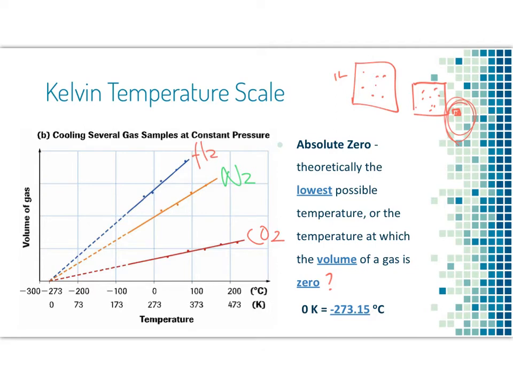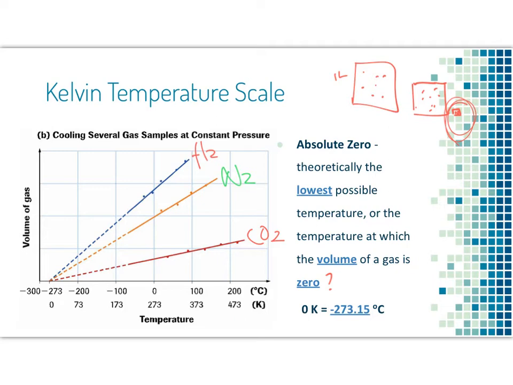So, again, this is theoretical. What happens to a gas as we cool it? Well, at some point, helium would have turned into a liquid and then into a solid. And nitrogen would have turned into a liquid and then a solid. CO2 would have turned into a liquid and then a solid. So technically, it won't be a gas anymore. But remember, this is theoretical.